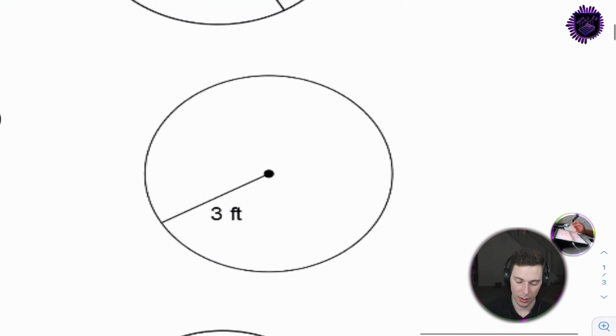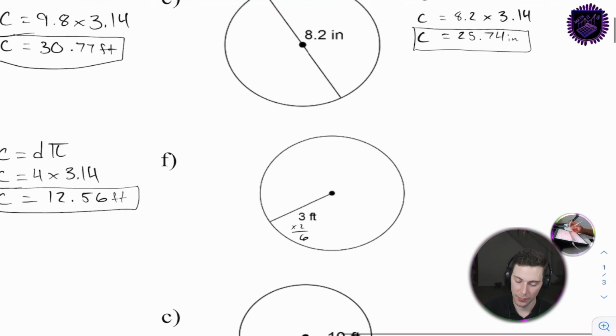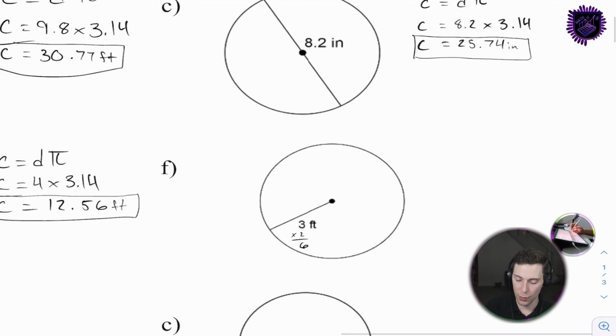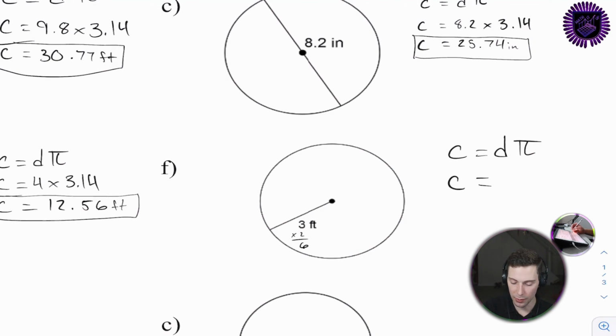Oh, there's one more. Whoopsies. And this last one, we're going to multiply by 2 to get our diameter. So this is going to be 6 feet for our diameter. Circumference is equal to diameter multiplied by pi, so circumference will be equal to 6 times 3.14, which is 18.84.